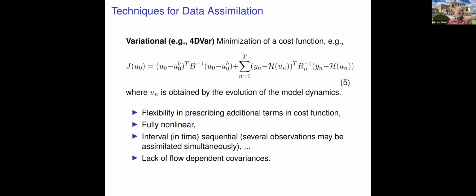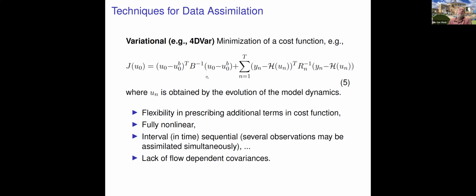In this way, we're giving all those observations a similar weight in determining what the U_0 is. The big disadvantage is that this is based on a fixed prior covariance. We don't generate very naturally flow-dependent covariances here.